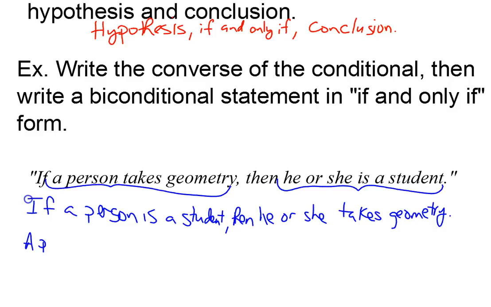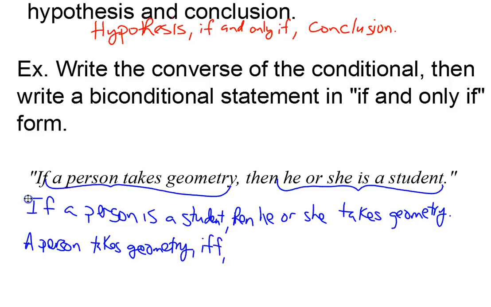A person takes geometry if and only if. Now, I'm going to show you something cool right here, right now. The abbreviation for if and only if, that phrase, is just IFF.